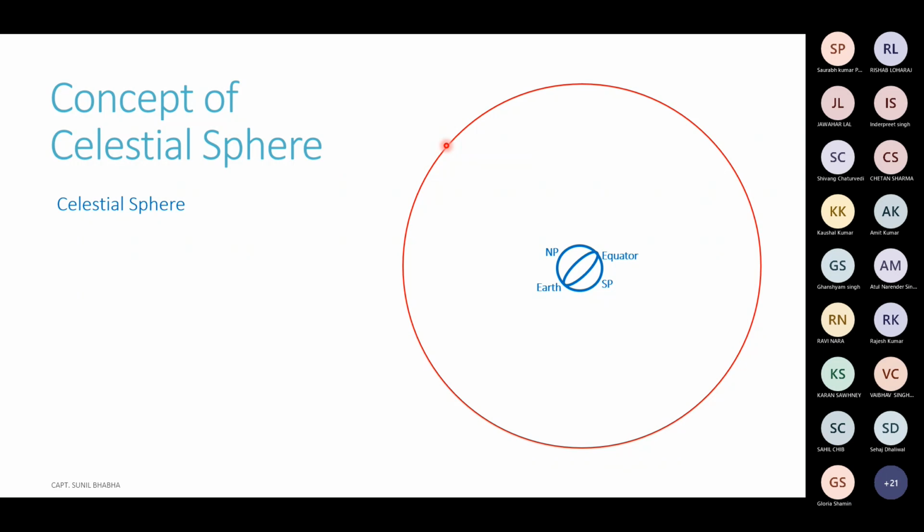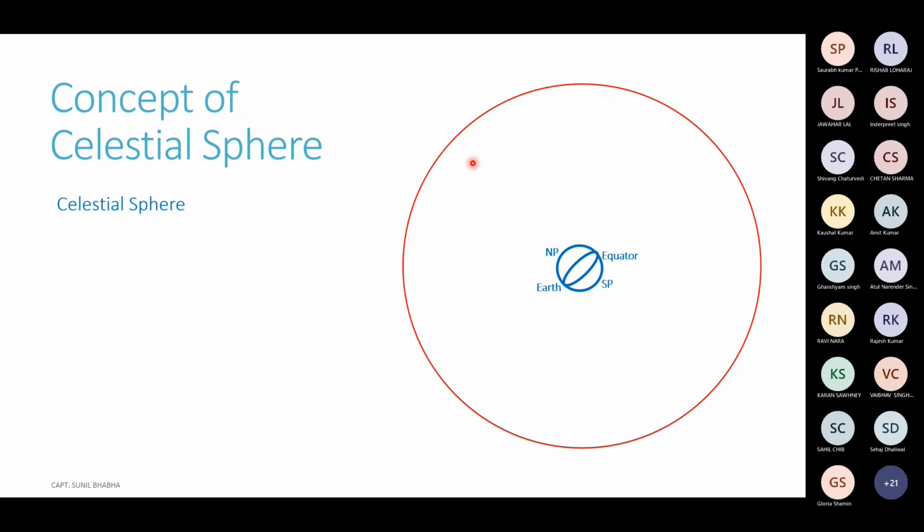Now, just like we have references on the surface of Earth to fix up the observer's position, similarly, we also have some references on the celestial sphere to specify or fix up the position of the celestial bodies.